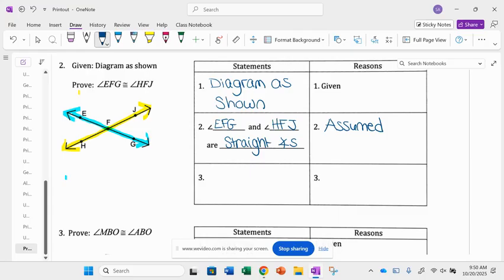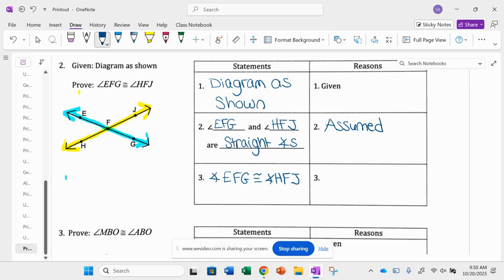And now what's the last thing we always have to write in our proof? The last statement is always what? So the first statement's always you're given. The last statement is always what? Jonah. The proof, what we want to prove. So I'm going to state angle EFG is congruent to angle HFJ. Now, Jack told us they're congruent because they're straight angles.